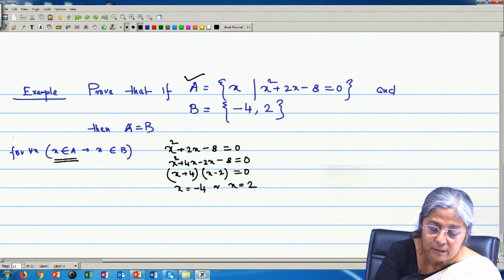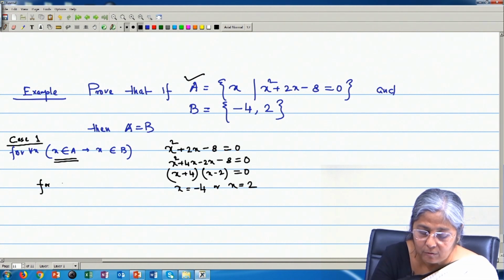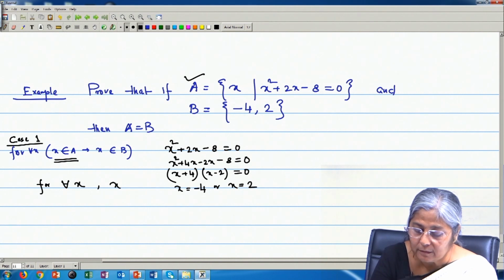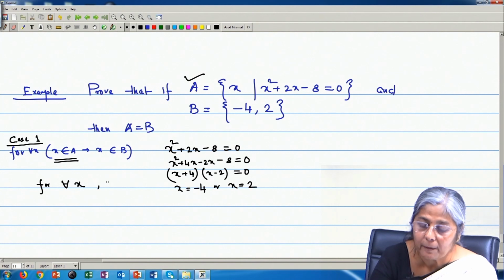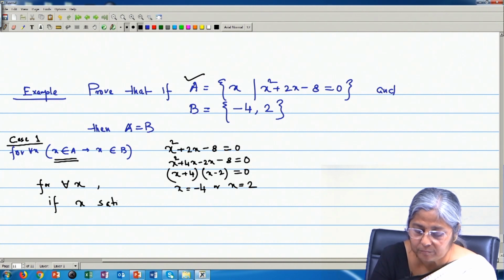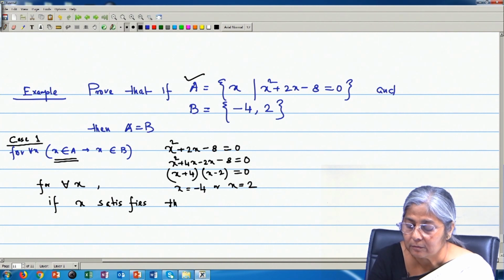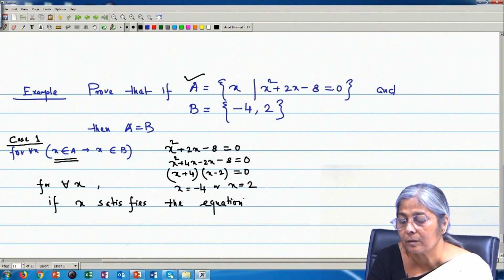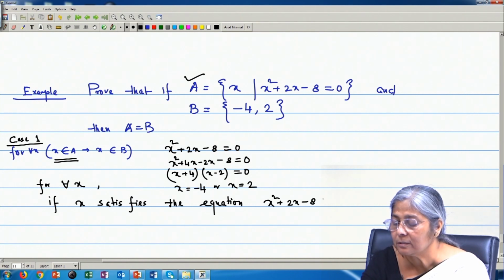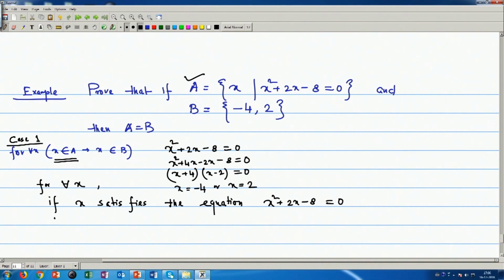This is actually our case 1: for all x, if x satisfies the equation x square plus 2x minus 8 equals 0, then the values of x are minus 4 and 2.